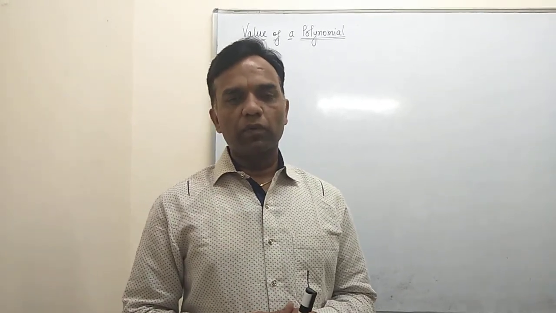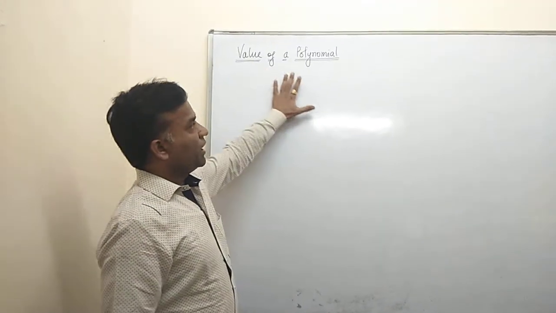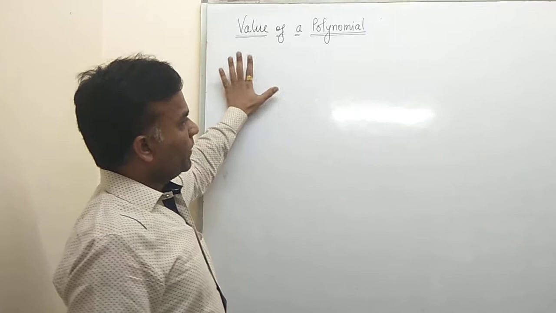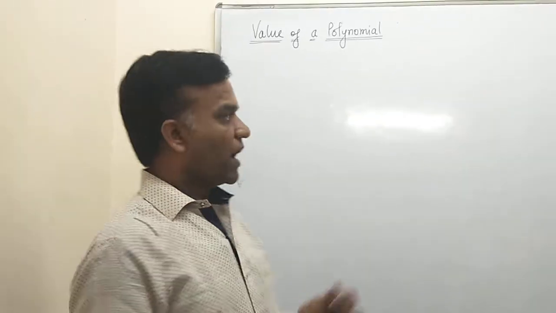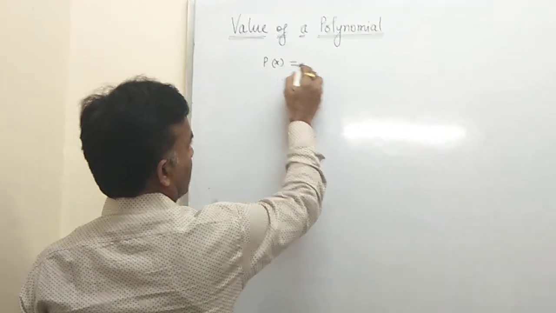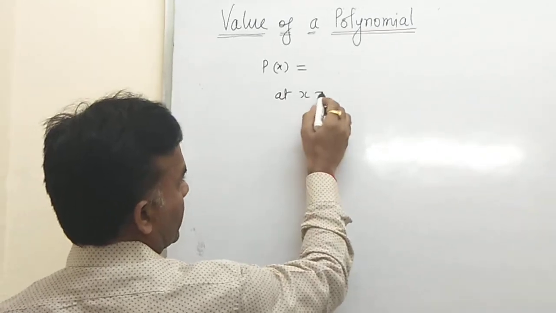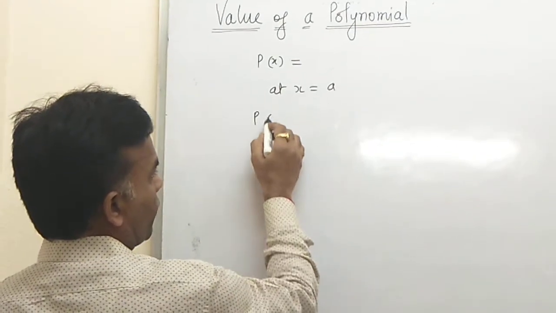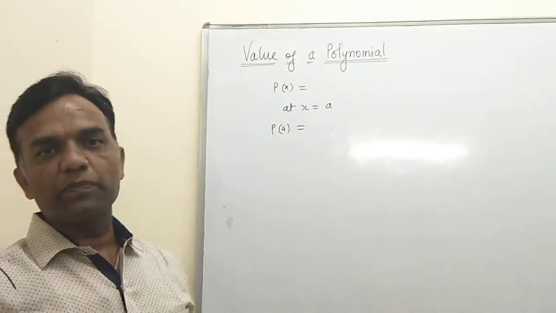Now here we continue. First is the value of a polynomial. It means any polynomial is given, like p of x, and then you find the polynomial at x equal to a. So now you find p of a. It means you replace the value of x by a.